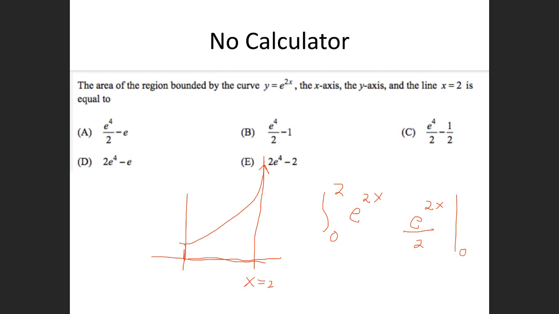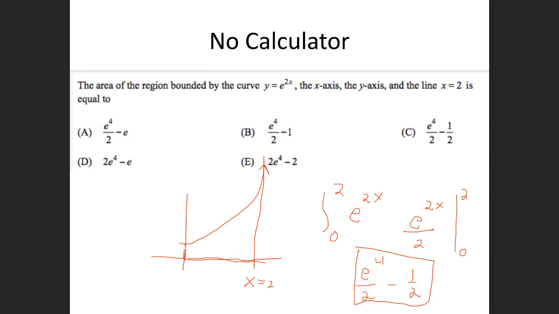And that is on the integral from 0 to 2. So if I put 2 in here, that's going to be e to the 4 over 2 minus, and then I'm going to put 0 in here. Well, e to the 0, anything to the 0 power is 1. So the top is going to be 1, the bottom is still 2. So that would be my answer right there.